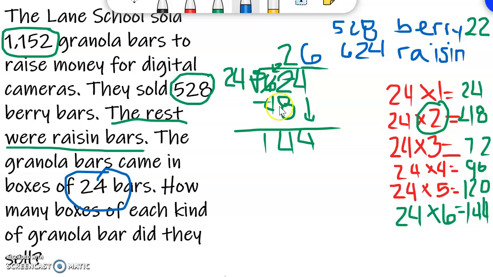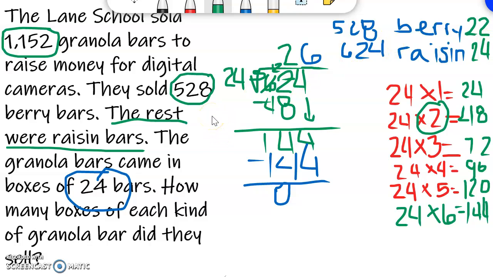So I divide. Now I'm going to multiply. 24 times 6 is 144. Now I'm going to subtract. And I zero out with no remainder. So the number of boxes that are buried is 22, and the number of boxes that are raisin is 24.